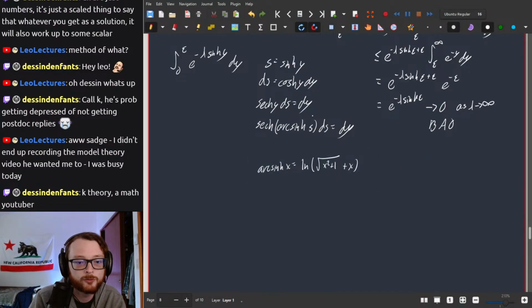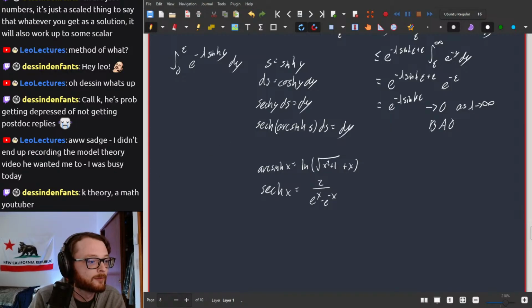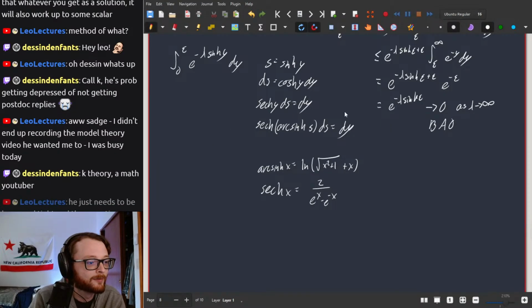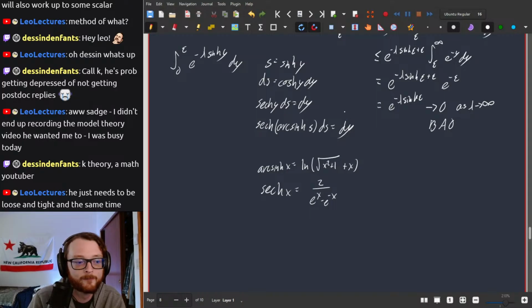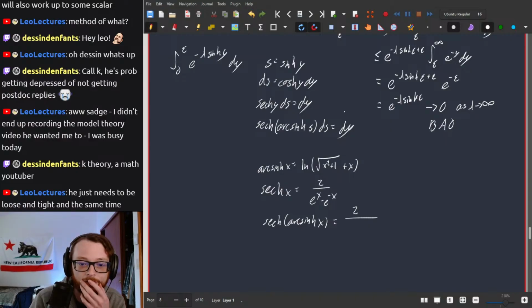So we have arcsinh. Sech is, I guess, 2 over e to the x plus e to the minus x. Okay, now we need to compose these two functions. Oh, this might not be that bad at all, now that I look at it.